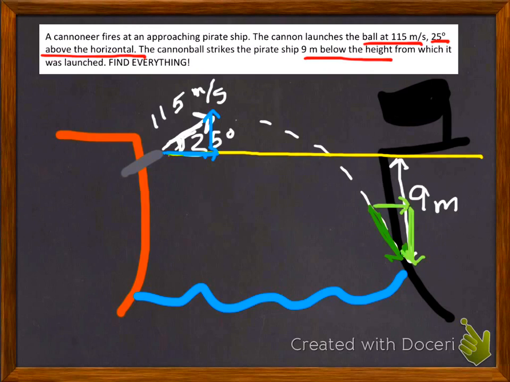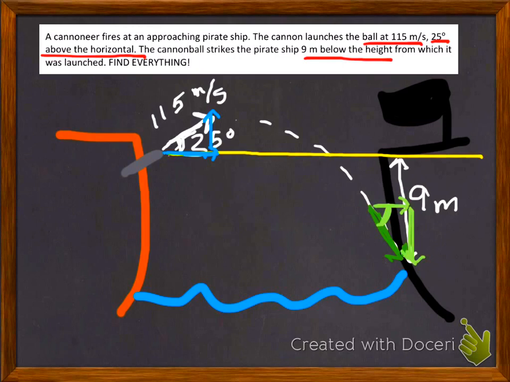And because we're landing or hitting the enemy pirate ship at a height that is not the same as the point where the cannonball is launched from, we're going to have to look for a different angle. So this final angle of the cannonball's velocity at the end of its trajectory.